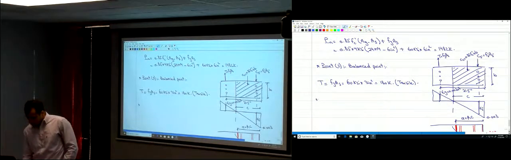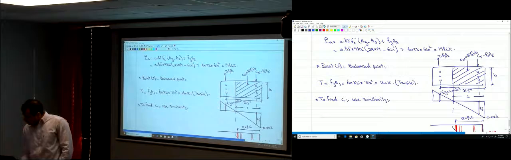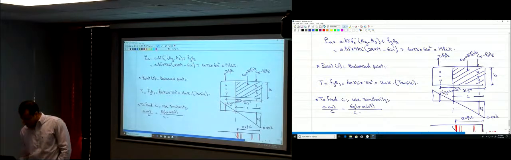So to find c, use similarity. You have 0.003 divided by c is equal to epsilon yield, 0.00207, divided by d minus c, 21.5 minus c.